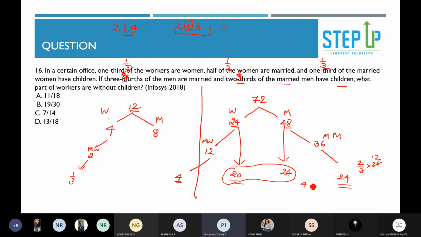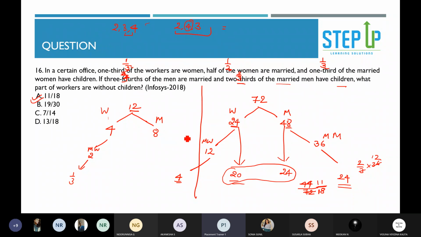So can I say 44 part of the workers are without children? 44 out of what? 72. Correct, 72. So your answer is 11/18.